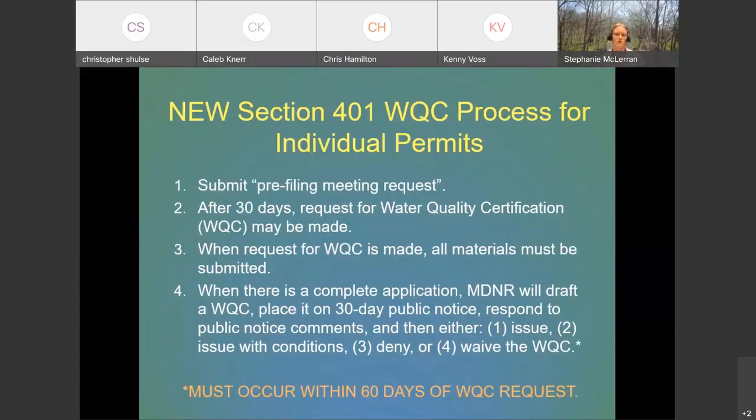So if you don't provide all the details necessary, that can eat into that 60 days, and you might not get your water quality certification at the end of it. 60 days isn't very much time when they have to have a 30-day public notice. And then they also have to respond to any of those comments that are received and then make their decision on whether they're going to issue the certification, issue it with conditions, deny it, or waive it.